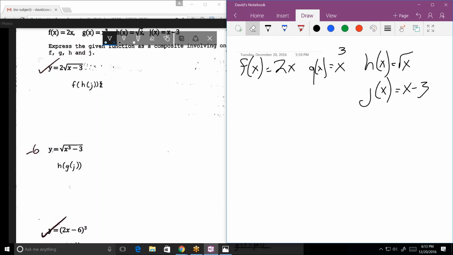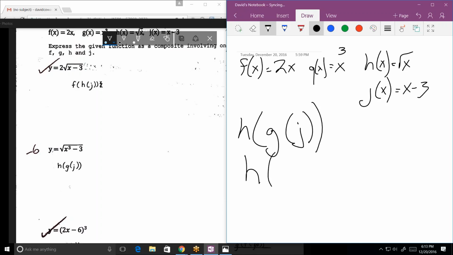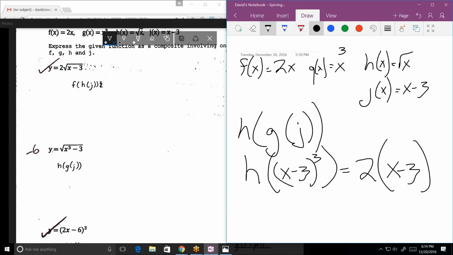So you're saying it's h of g of j. Well, let's start with what g of j is. We already figured out that g of j is the quantity x minus 3 cubed. So now it's h of x minus 3 quantity cubed, which is merely 2 times x minus 3 quantity cubed. And that's not what we're looking at. We're looking at square root somewhere in there.